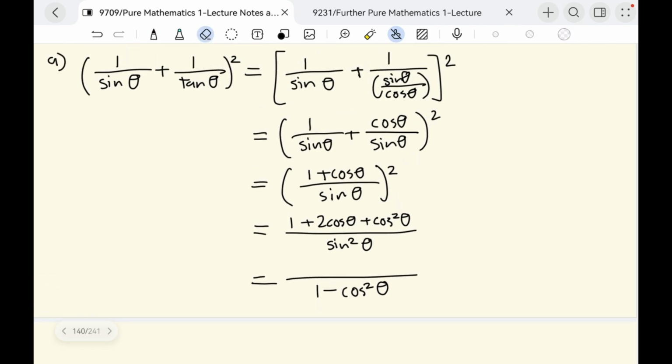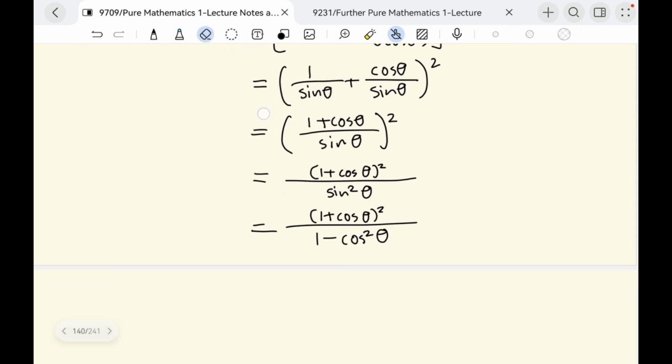Oh wait, I think you don't have to expand the 1 plus cos theta. Just leave it like this. Only take the square for the denominator of the sine square and modify it by using the Pythagorean identities.